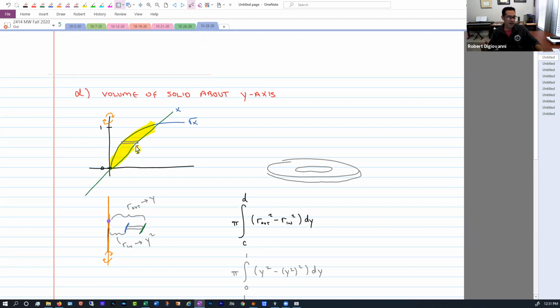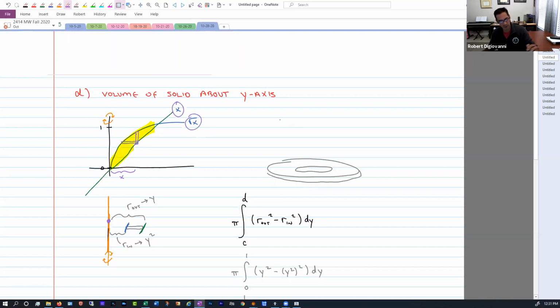What I'm telling you now is that you could do this problem without washers, because you could do a vertical rectangle in here. Your distance from the axis of rotation to your rectangle is x. And you know your top and bottom, right? That's your top, that's your bottom.